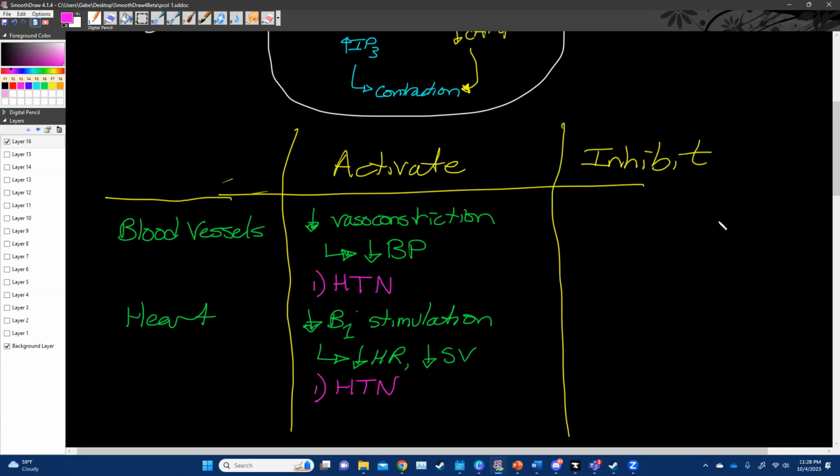Alpha 2 antagonists would cause the opposite of this. They'd increase vasoconstriction, they'd increase heart stimulation. There are no alpha 2 antagonists. There's no benefit to using such a wide-reaching drug. It would just be way too intense. So we do not use alpha 2 antagonists. There's no uses for them.